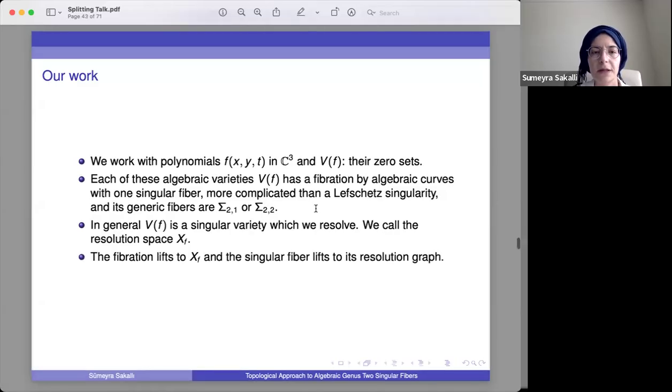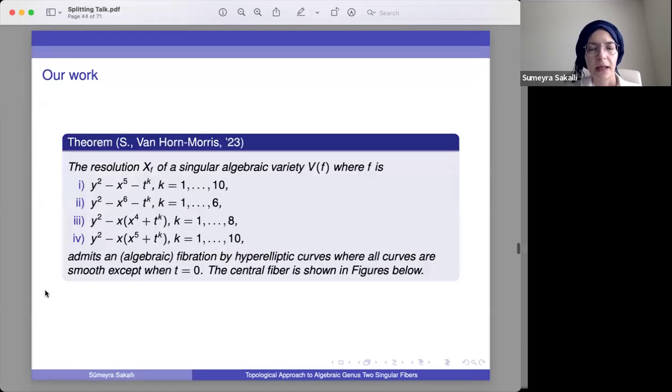And then the fibration on V_f, originally having some complicated singularity, lifts to a fibration on the resolution space X_f, and the singular fiber lifts to its resolution graph. So that resolution graph is the configuration of spheres and tori, and they are the interesting objects for us to be able to do cut and paste operations.